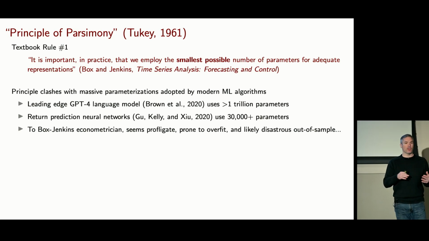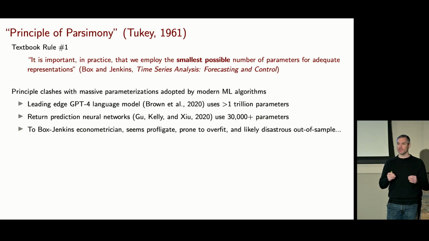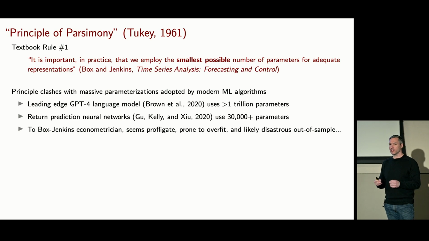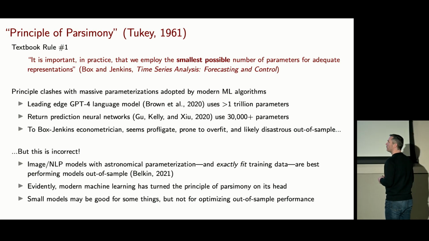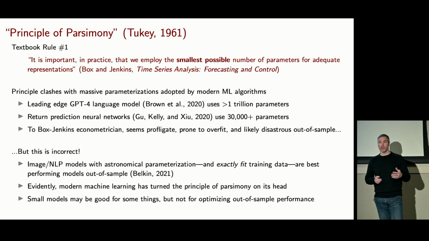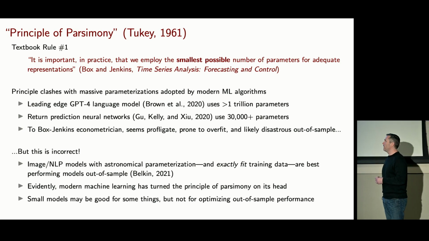Right? But we don't have to look in finance. We have lots of evidence outside of finance already that suggests that very rich models are the best models out of sample. Small models do much, much worse out of sample. Okay? So the difference between in-sample and out-of-sample is going to be very critical for what we talk about today.